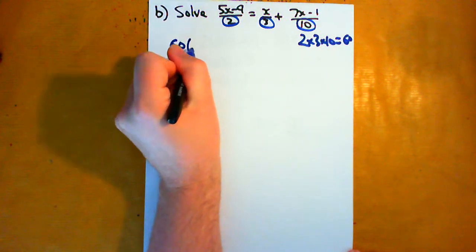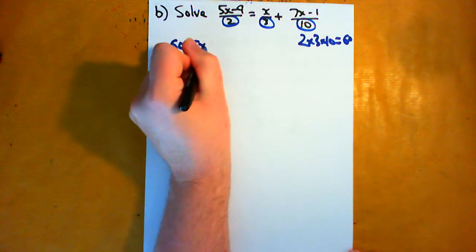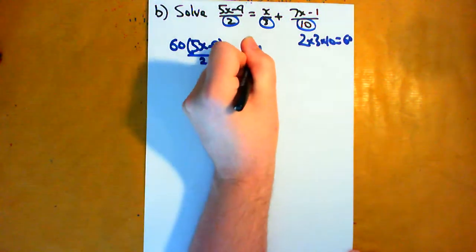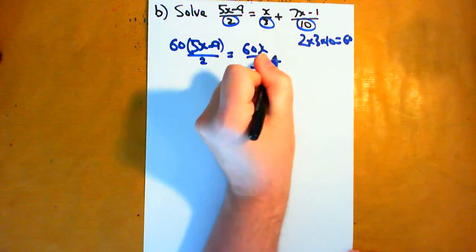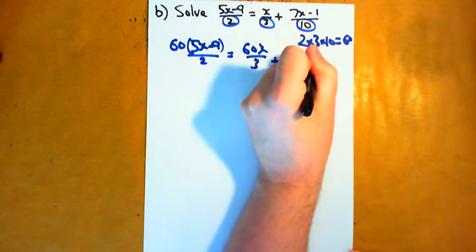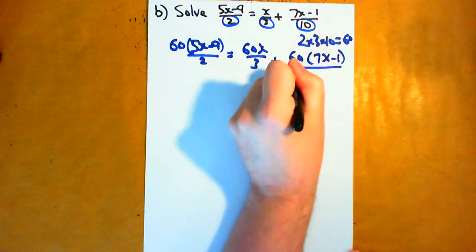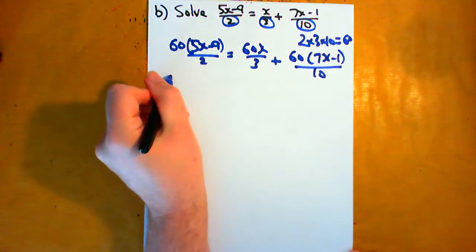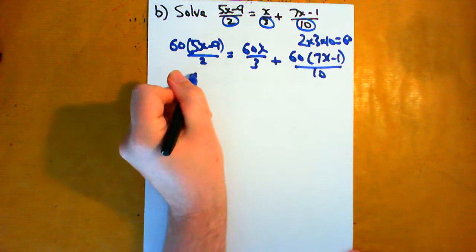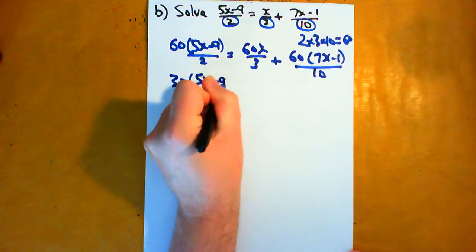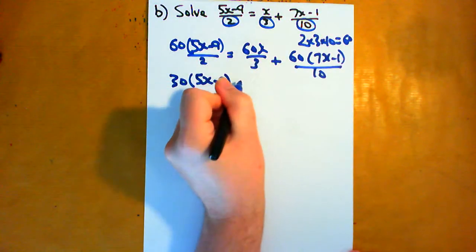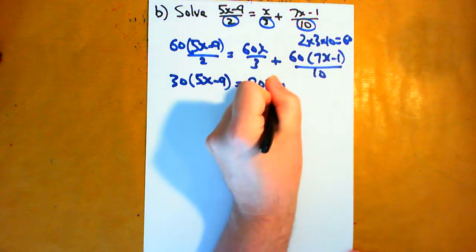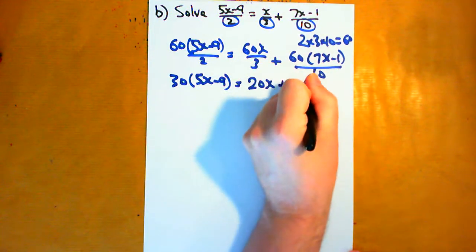So we've got 60 multiplied by 5x minus 9 over 2 equals 60 times x over 3 plus 60 times 7x minus 1 over 10. 60 divided by 2 is 30 times 5x minus 9. 60 divided by 3 is 20x, and 60 divided by 10 is 6.